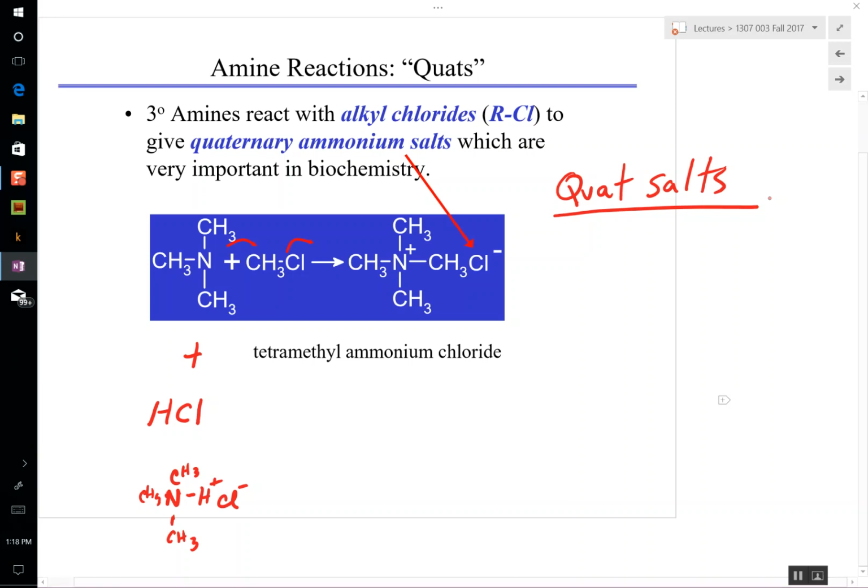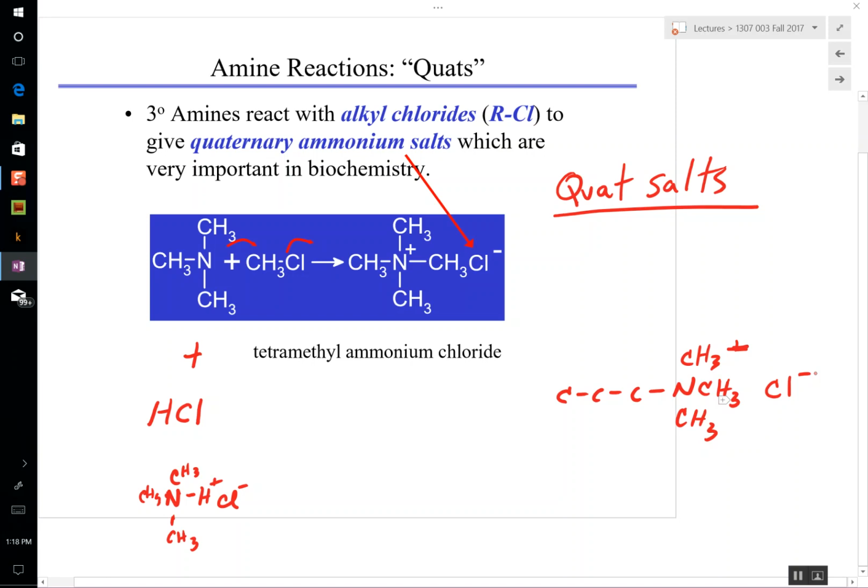All right, so they don't all have to be methyls. Usually 3 of them will be. And then this could be something else. I mean, you could have this sort of thing, and then maybe a methyl, and a methyl, and it's still going to bear a +1 charge.